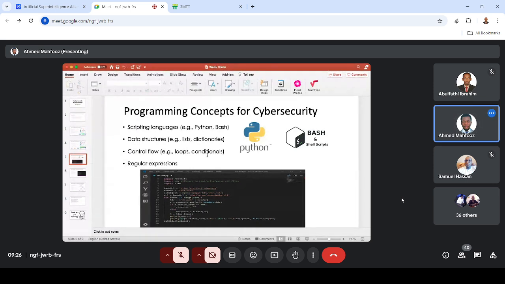But basically, we can categorize them into three: the machine language, the natural language, and the high-level language, which is also known as the scripting language. Machine language is the one that is run by our machines, that our machines understand. It is mostly in zeros and ones, which we sometimes call binary.